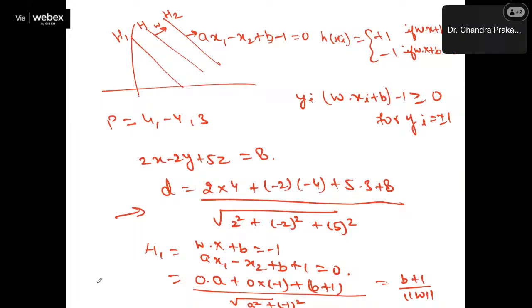So the distance between the origin (0, 0) and h2, if I put the same values, came out to be b minus 1 over the norm of the weight vector.